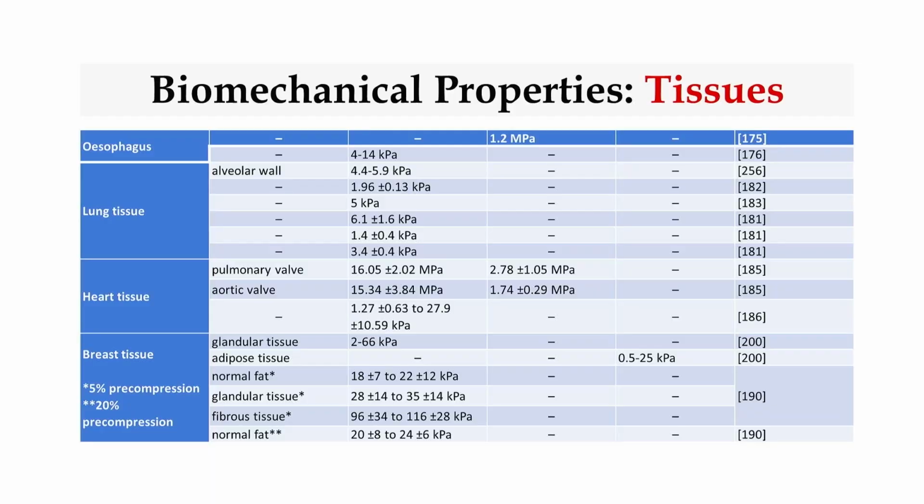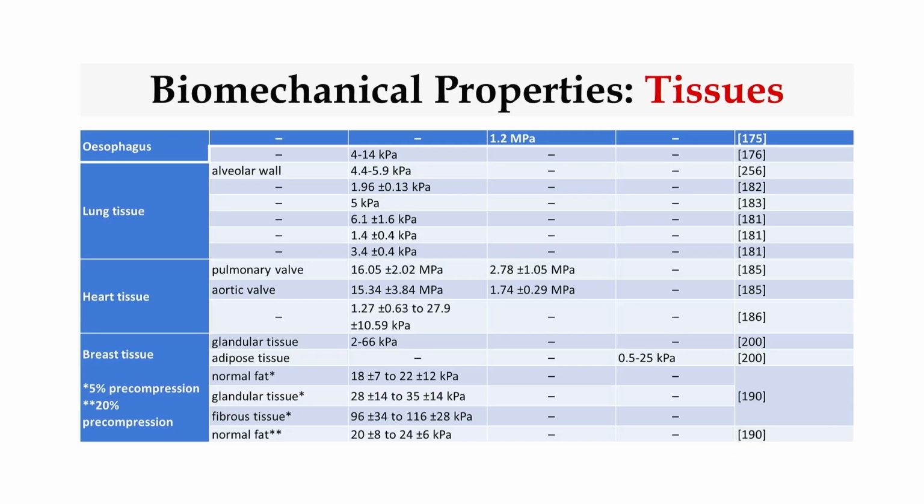That research would be a valid research, right? Going further, you're looking at esophagus, very little information, just ultimate tensile stress value is known, and one research group has talked about 4 to 14 kilopascals, which is the basic modulus of elasticity.